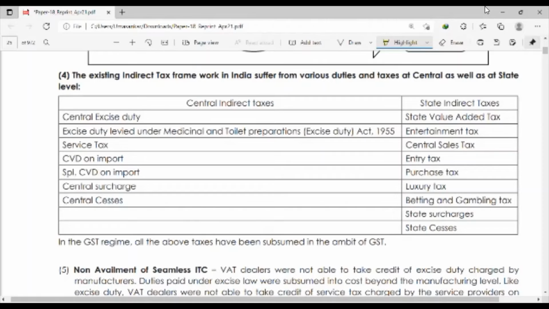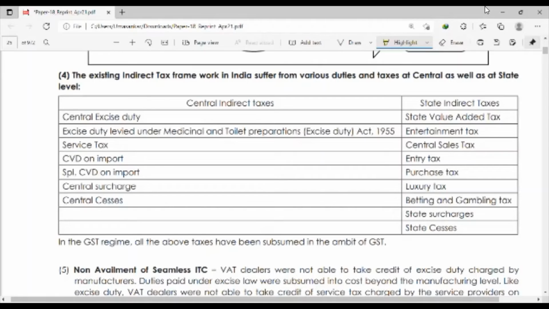State VAT, entertainment tax, CST, entry tax, purchase tax, luxury tax, betting and gambling tax, state surcharge, state cesses. All these are subsumed, means all these are taken under GST. Now for all these, we need to charge only GST, none of these taxes.